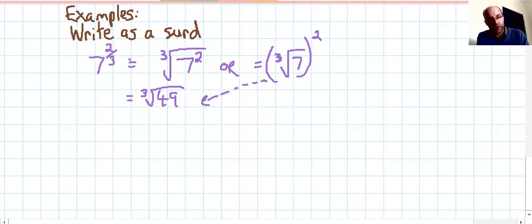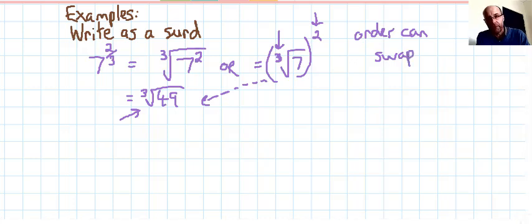So be on the lookout for those. You can apply these two in whichever order you like. It's important to note that the order can swap. Just be aware that sometimes one way will give an even simpler, more straightforward result. So the order in which you do those operations, you can swap those and it's still okay.